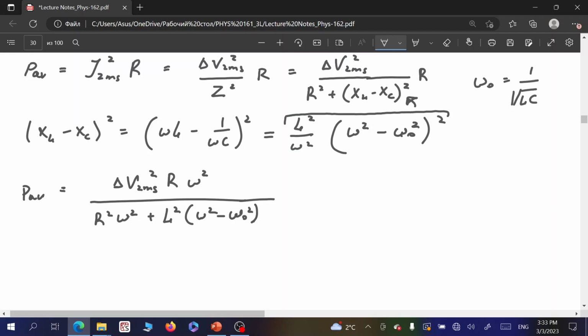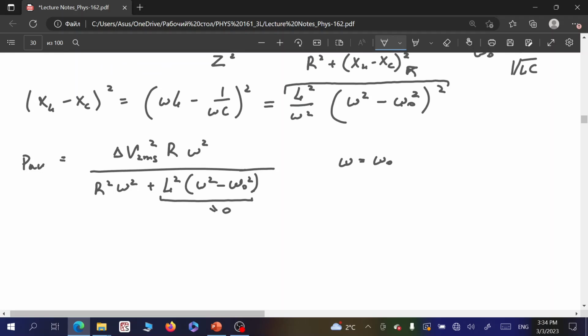Now when we have the resonance case, omega is equal to omega naught, this term will be equal to 0, and as a result P average at resonance will be equal to delta V RMS squared divided by R, which is another form for representation of electric power dissipated over active resistance.